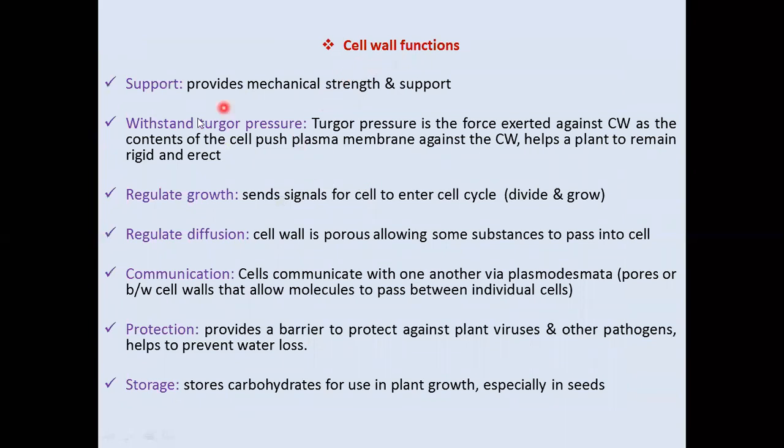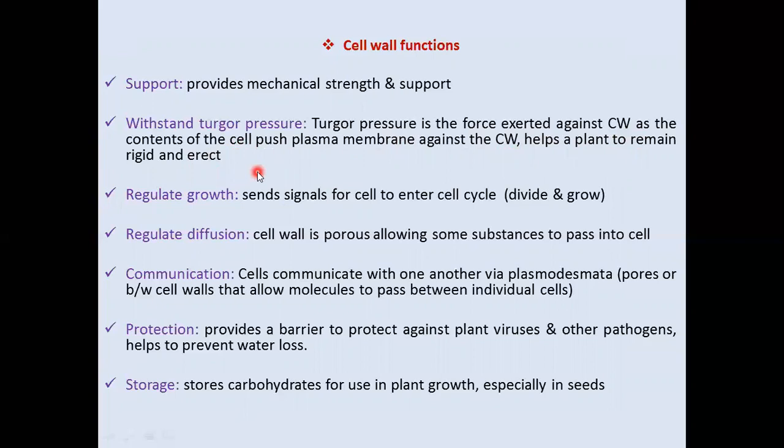Next are the functions of the cell wall. The cell wall plays an important role and provides support to the plants. It provides mechanical strength and support to the plant. Also, it withstands turgor pressure. Turgor pressure is the force exerted against the cell wall as the contents of the cell push the plasma membrane against the cell wall, and it helps a plant to remain rigid and erect.